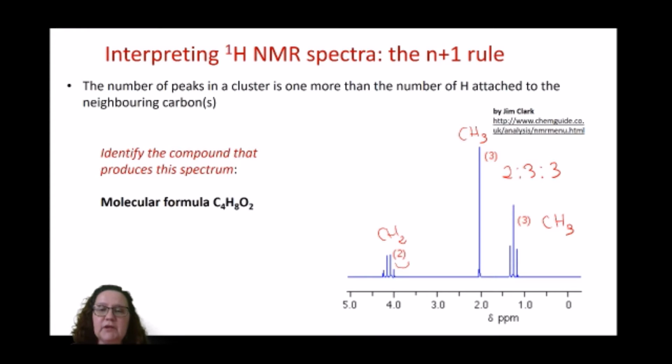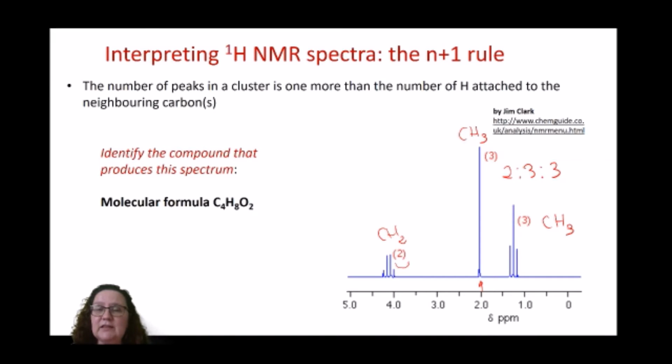The next step is to look at the multiplicity of those peaks, at the splitting. Let's start with the peak at 2 ppm. It's a singlet. That means that n plus 1 equals 1, which means that n needs to be 0. What does it mean?